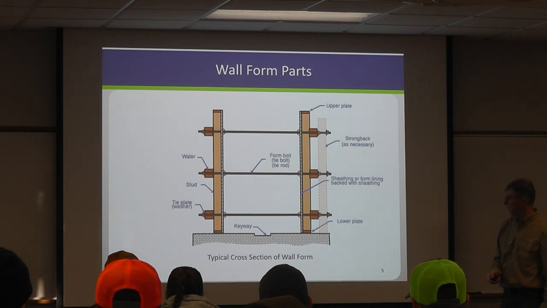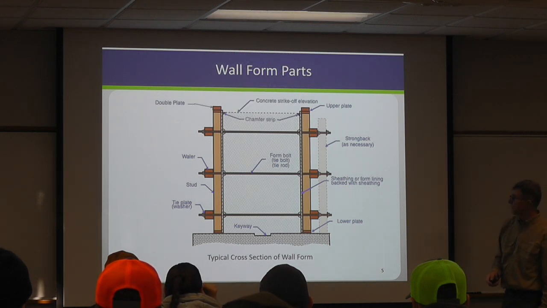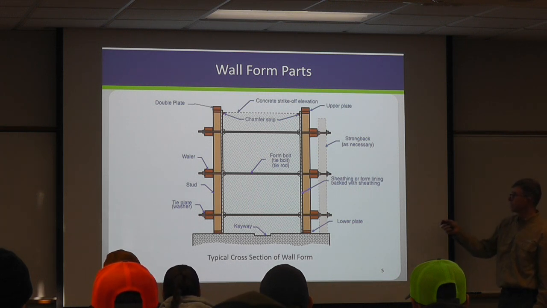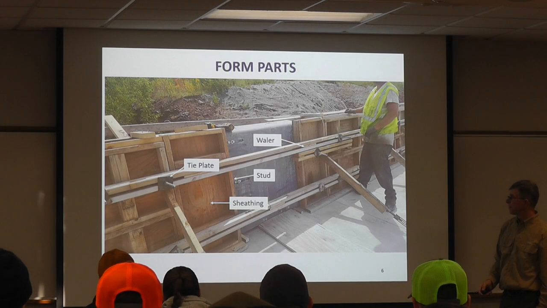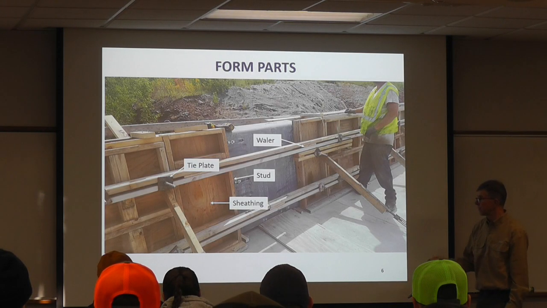And so then maybe we have some additional blocking that comes in, some plates, and now we should be ready to add concrete. And so put some chamfer strips in there maybe to soften the edges, and we're good to go. So here is just looking at some of the things that we have.